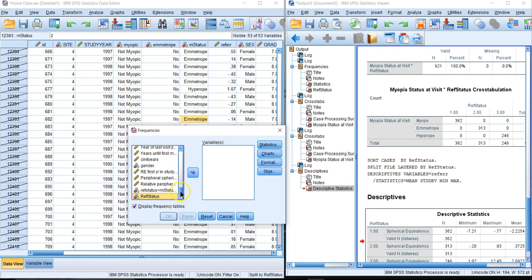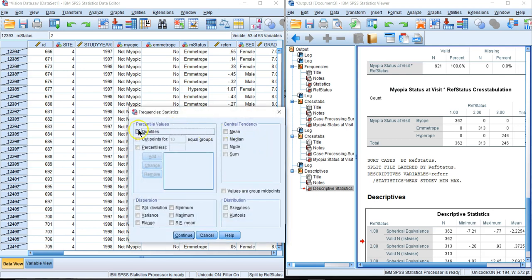For this time, let's look at spherical equivalence again. And for statistics, we want to know about quartiles. We want to know about the mean, median. We could do the mode, but who cares? That's not a very popular one. We can look at standard deviation. We can look at variance.